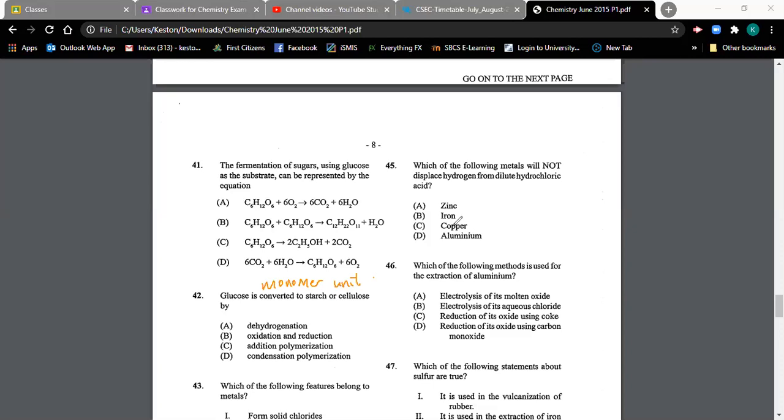So unsaturated monomer units would undergo addition polymerization, and that's only so for polyalkenes. Everything else is what type of polymerization? The type that usually results in the loss of a small molecule. In most instances, that molecule is water. So we're talking about condensation polymerization.